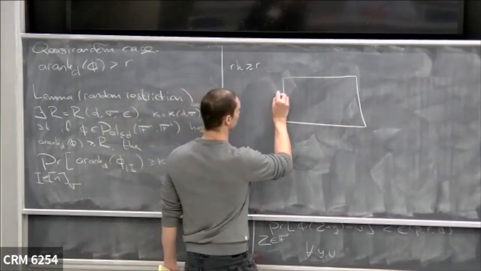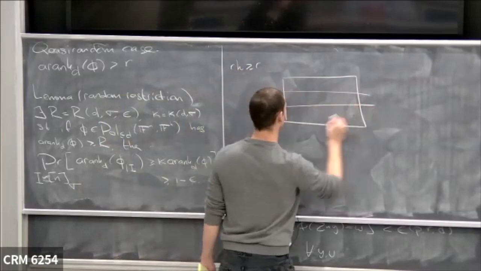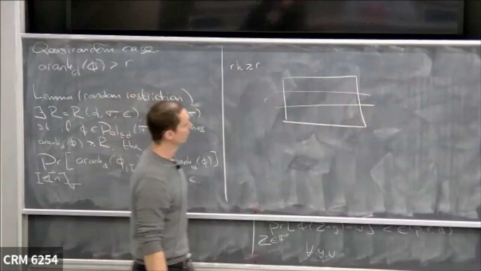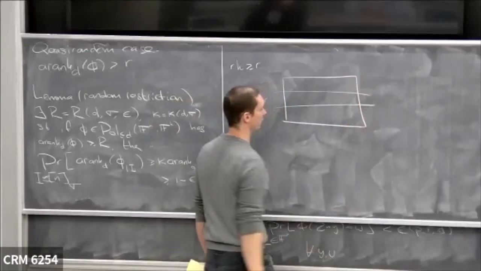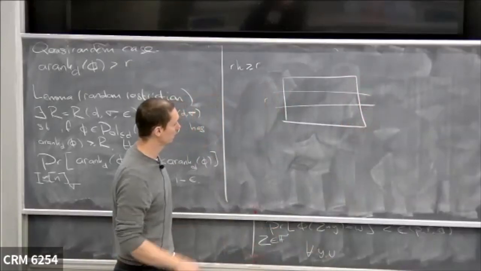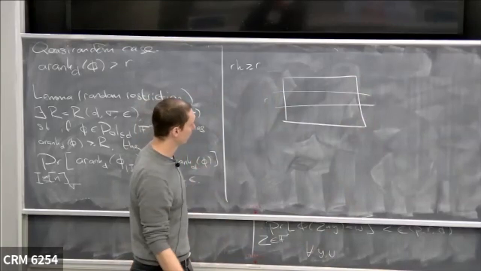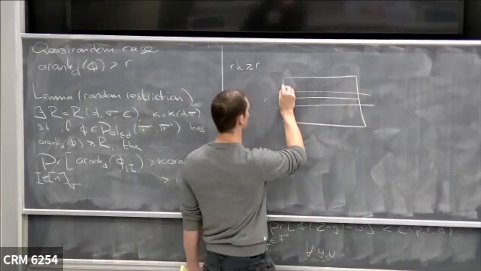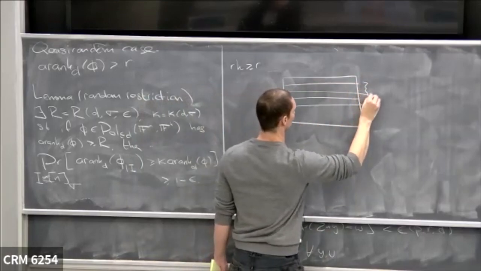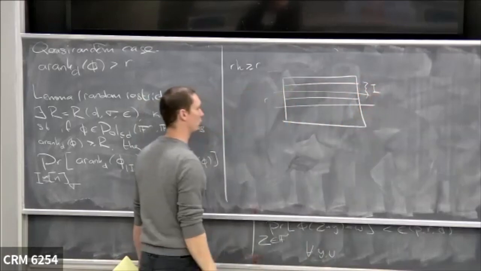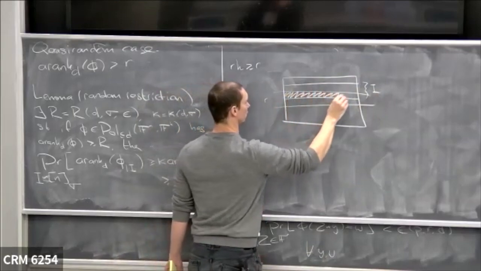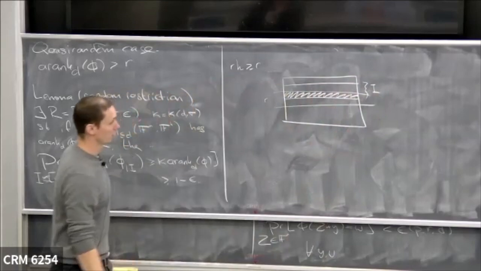So suppose that this is a set of R linearly independent rows. And if you pick each of the rows independently with some positive probability, sigma, then, say this is your random set over here, that's I, by the Chernoff bound, with good probability, you're going to capture a good fraction of these R linearly independent rows.